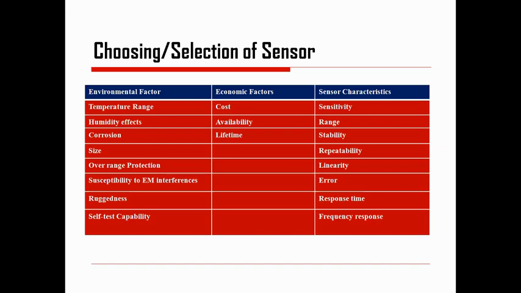Second, if your temperature range is high and the material used to design the sensor has a low coefficient, at that time that material will melt. So you have to consider that condition, and based upon that you design.